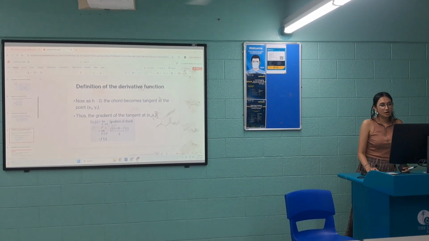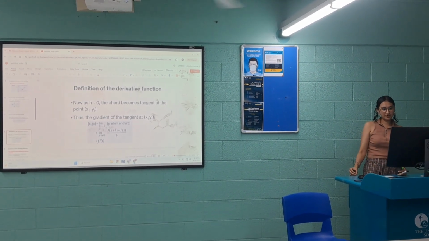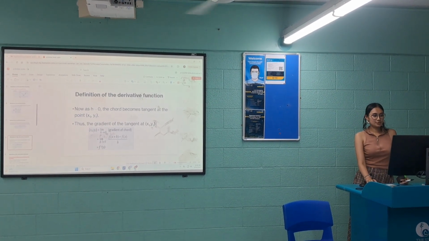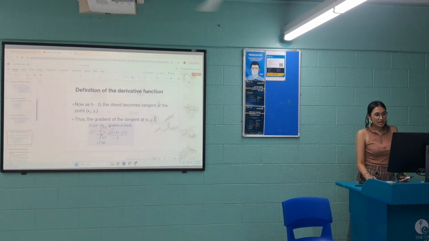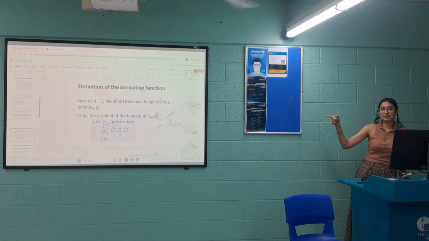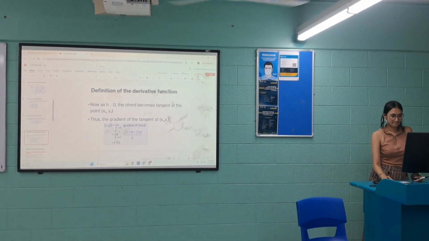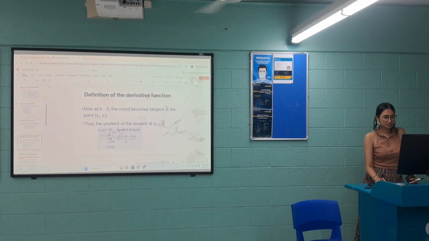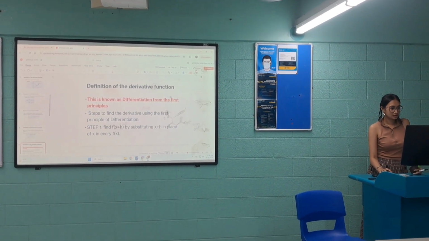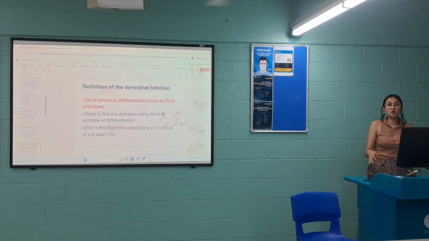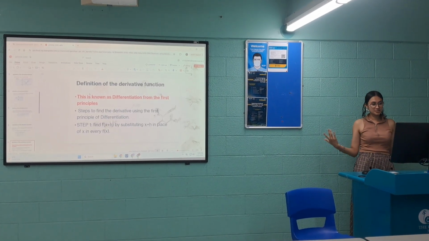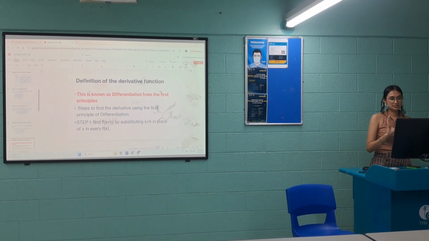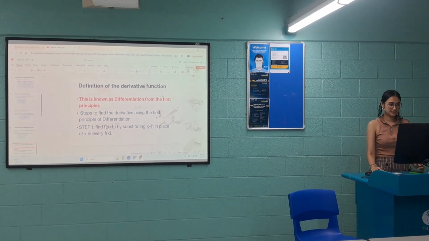Thus the gradient of the tangent at x1, y1 is equal to the limit as h approaches 0 of the formula we derived from the definition graph. Note that this is known as differentiation from the first principle. Whatever we did was differentiation from the first principles.